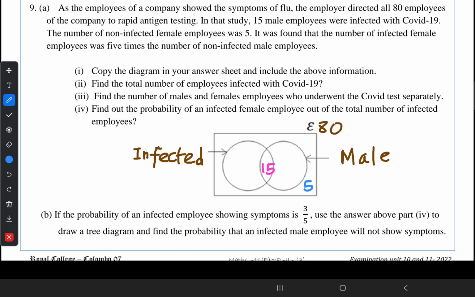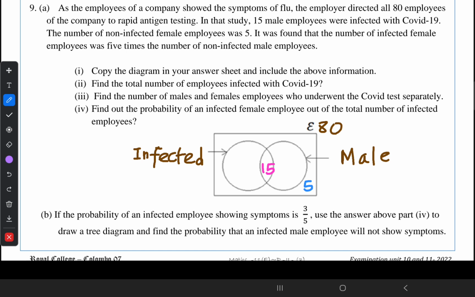Next, it was found that the number of infected female employees, the people belonging to this region, was 5 times the number of non-infected male employees. So we need to find their numbers as well.